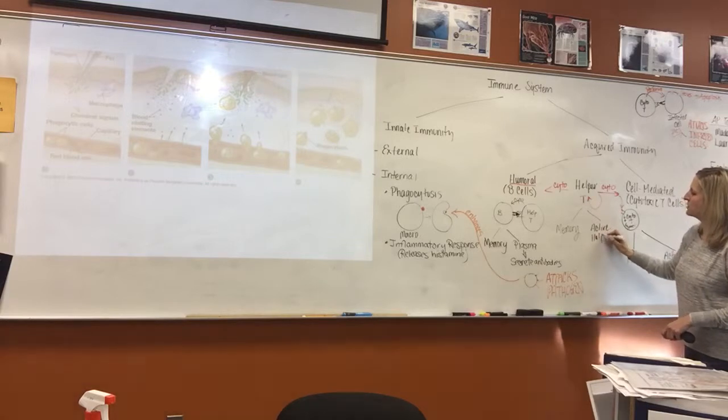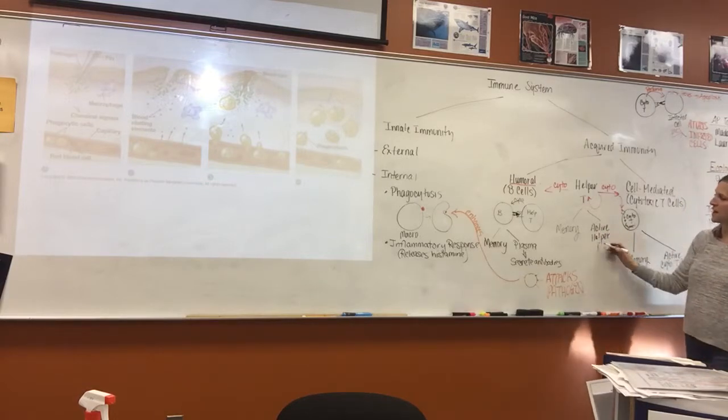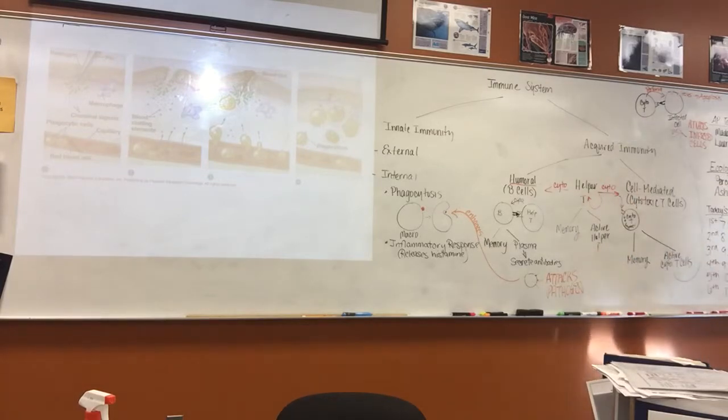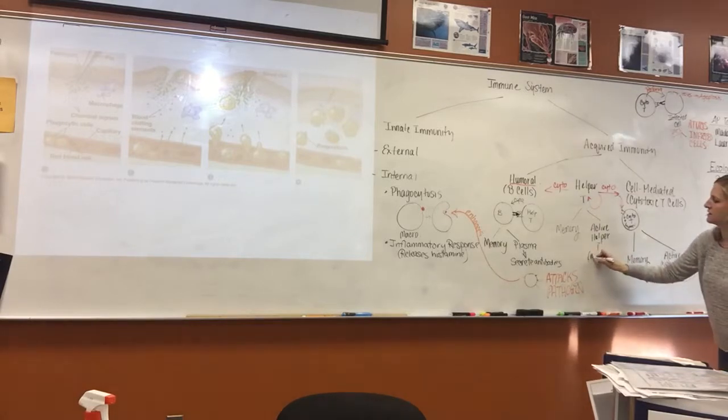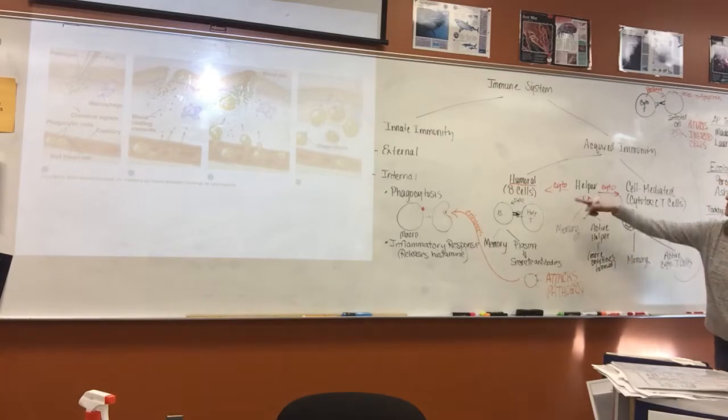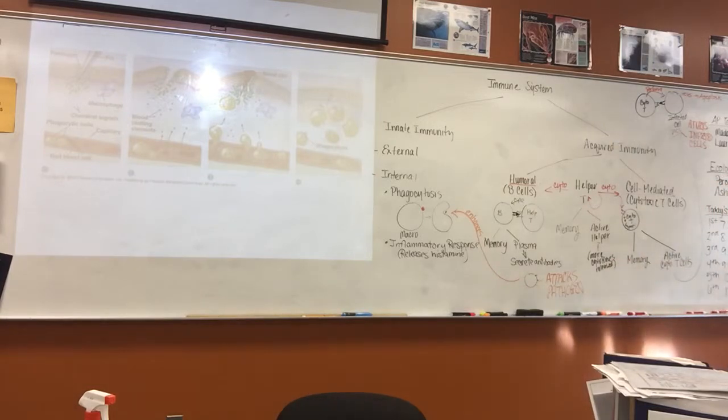So why is it important to have more active helper T cells? Because these guys can release more cytokines, which then stimulates more B and T cells. So more cytokines released, and if more cytokines are released, more activation occurs.